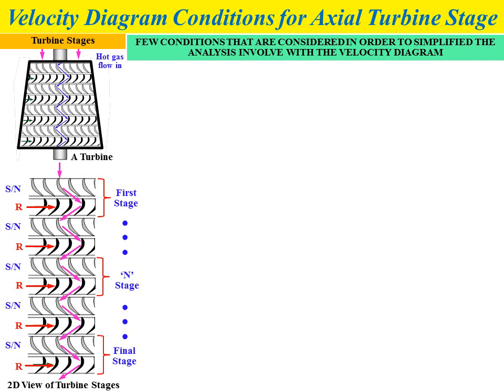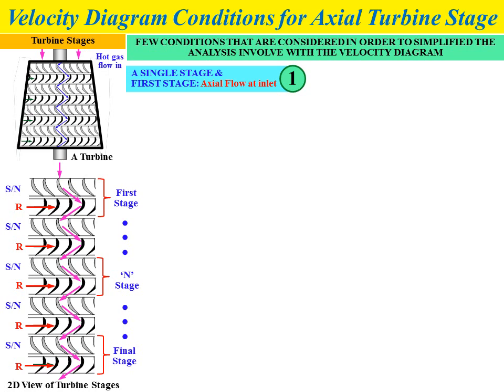There are a few conditions that are considered in order to simplify the analysis involved with the velocity diagram. The first condition is for a single stage and also for the first stage of the turbine. We can implement this condition for a turbine that only has a single stage, one rotor and one stator, or for a multi-stage turbine, but we only apply it to the first stage.